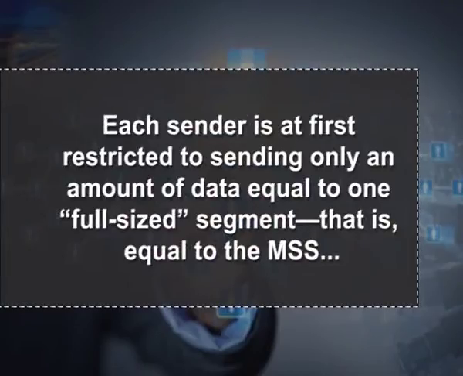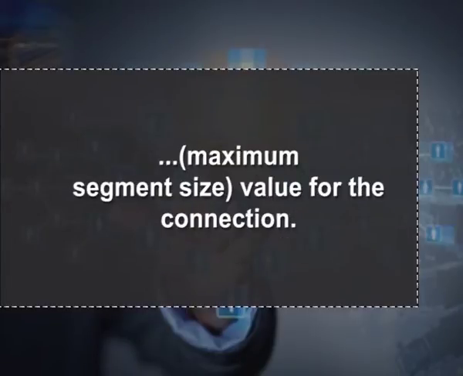Each sender is at first restricted to sending only an amount of data equal to one full sized segment, that is equal to the MSS, which is the maximum segment size value for the connection.